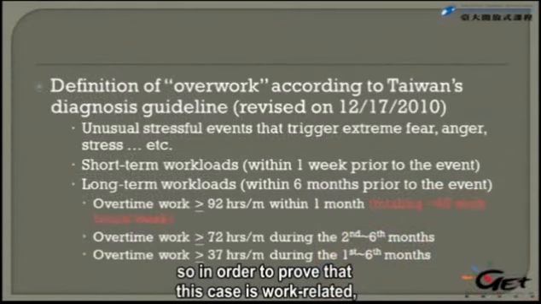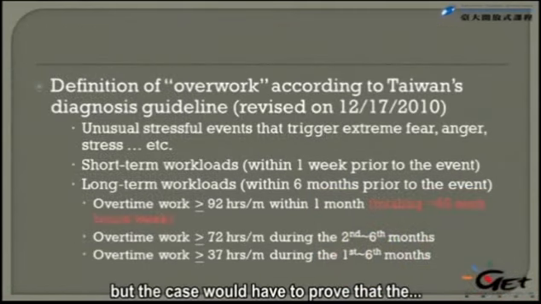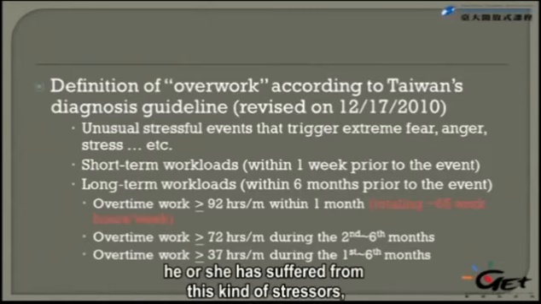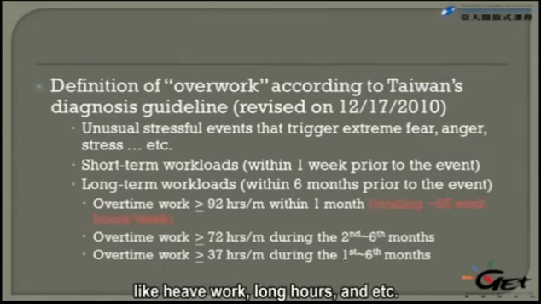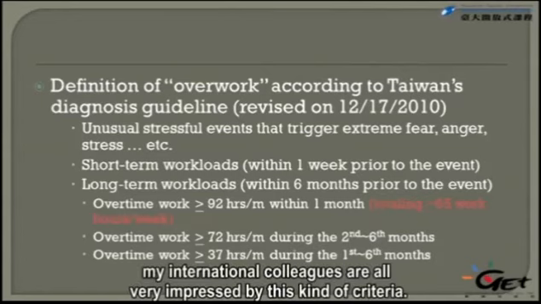To prove that a case is work related, one has to prove that he or she has suffered from stressors, like working long hours and so on. When I show this slide at international conferences, my international colleagues are all very impressed by this kind of criteria.